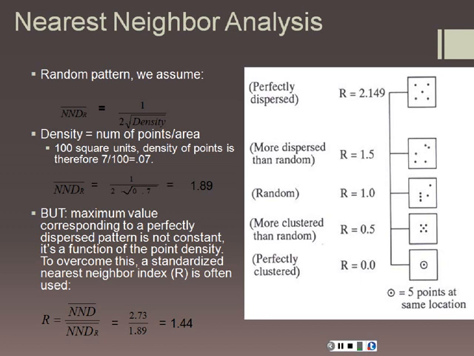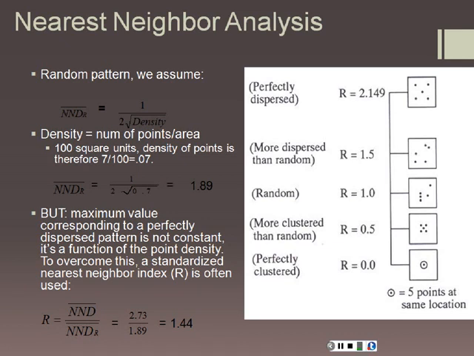So you take your whole area. How would we calculate density of points? It's actually up there. It would be the number of points, so n, over the total area. It just gives us our density of points.